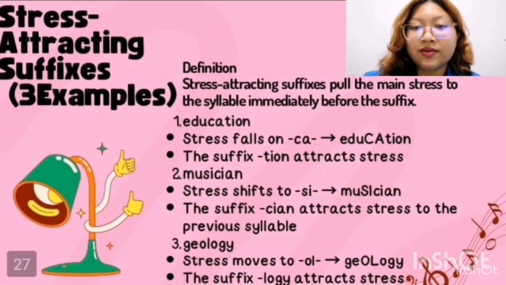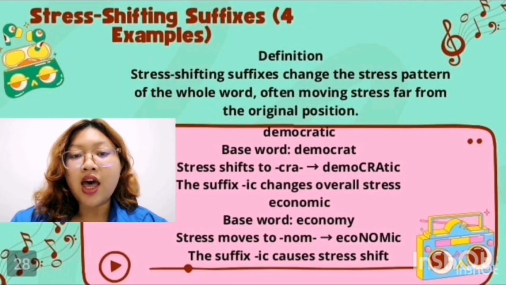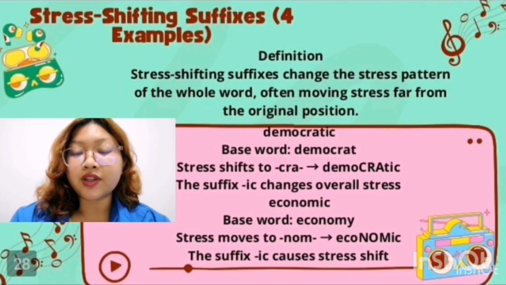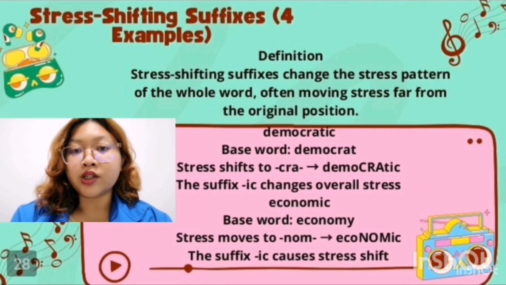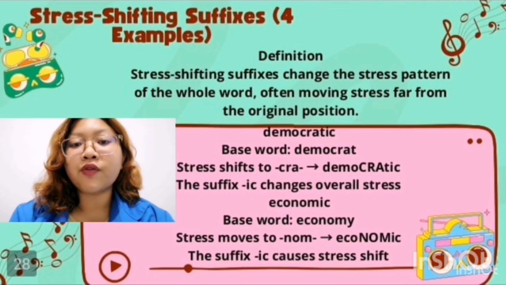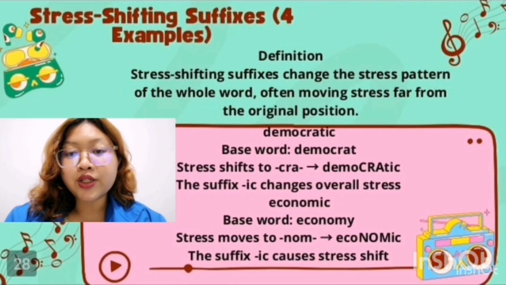attracts stress. Stress shifting suffix, for example. Definition: stress shifting suffixes change the stress pattern of the whole word, often moving stress far from the original position. Democratic. Base word: democrat. Stress shifts to "cra", democratic.